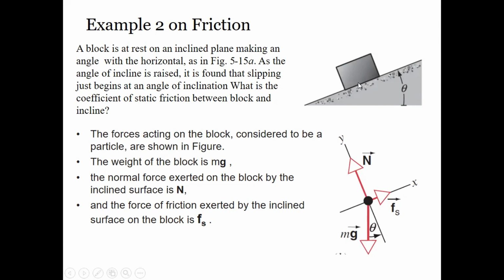The block will keep standing here until the component of the force due to gravity becomes large enough to pull it down. So the force acting on the block consists of the weight of the block mg, the normal force exerted on the block by the inclined surface N, and the force of friction exerted by the surface Fs.